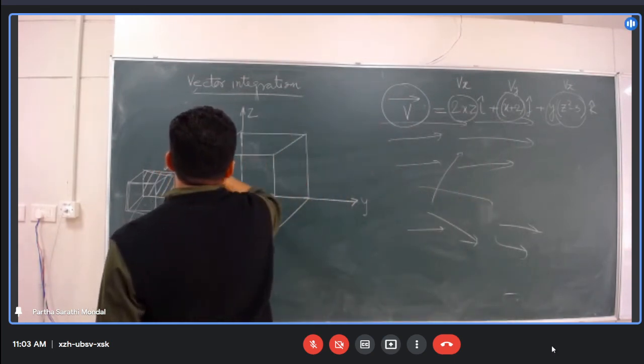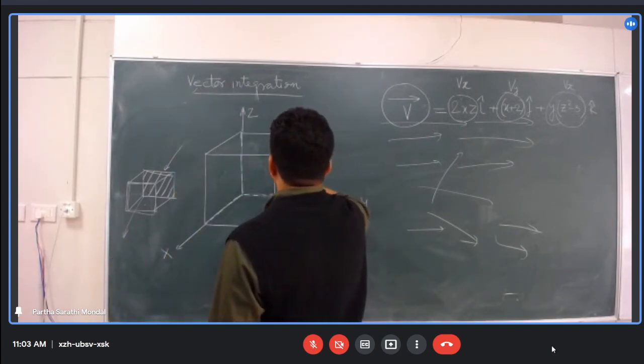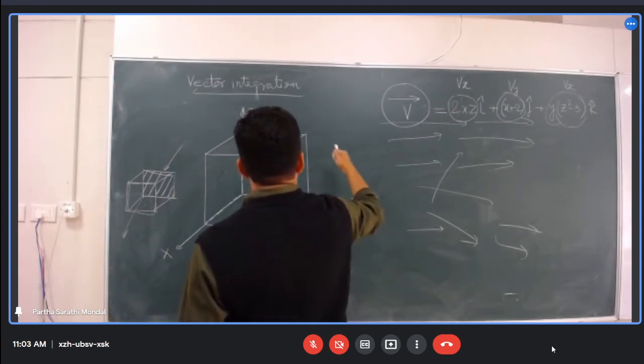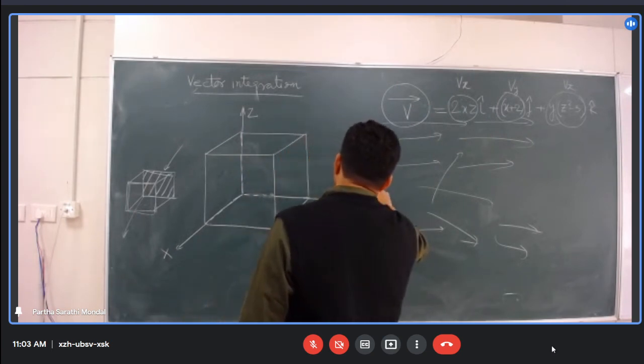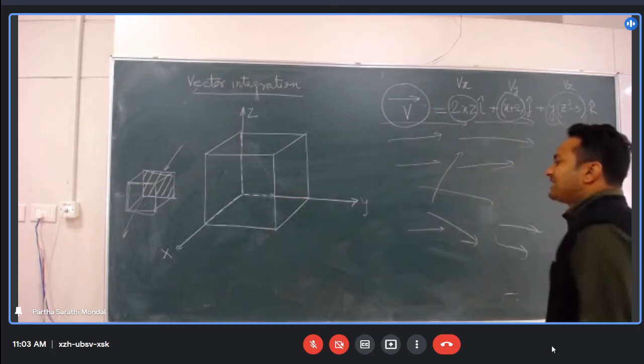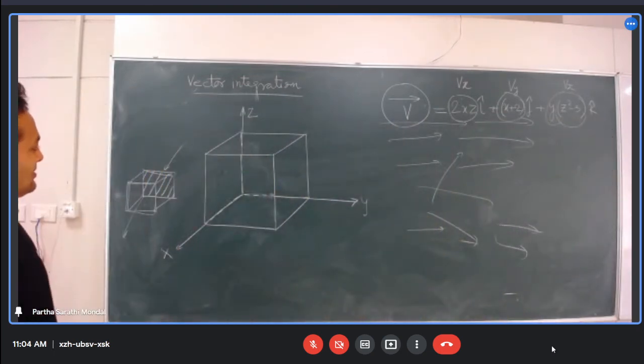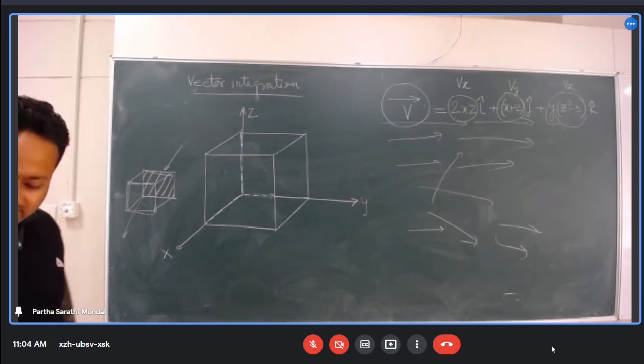So you take inward flux for this surface, outward flux for this surface, and find out the net. You will get the total flux along the y direction. Similarly, you can find out in the z direction, and for x, y, z, you add them vectorially, you will get the total flux to the surface of the cube.